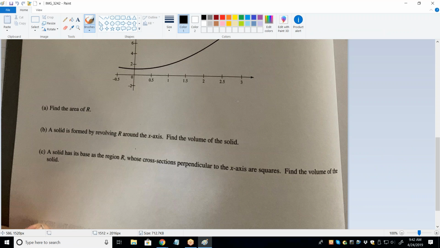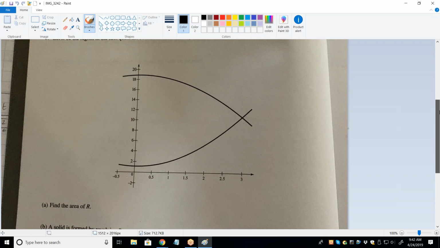The solid has its base as region R, whose cross sections perpendicular to the x-axis are squares. So since they're perpendicular to the x-axis, we're going to be integrating with respect to x. Correct.